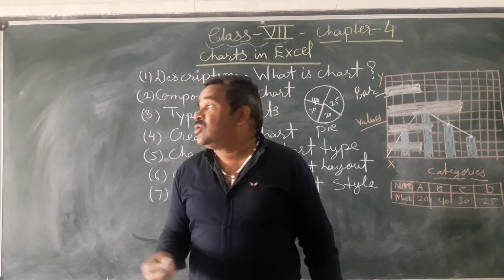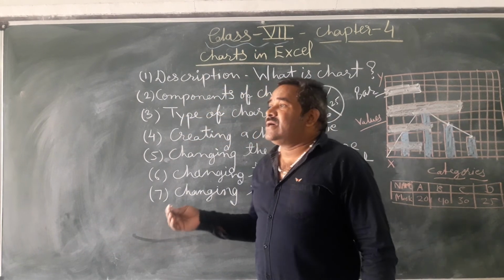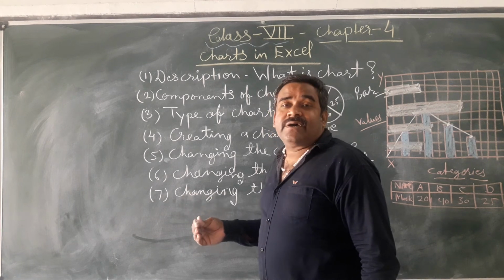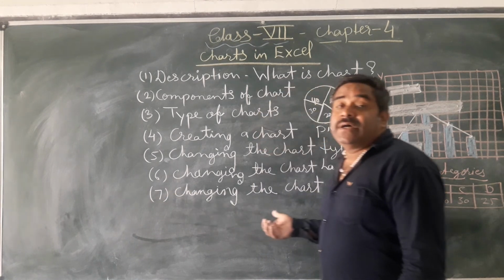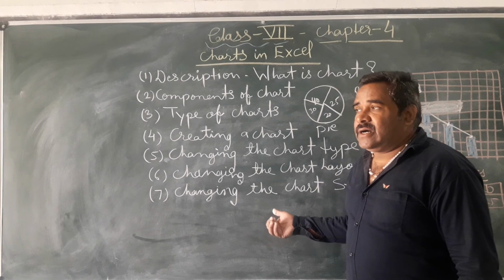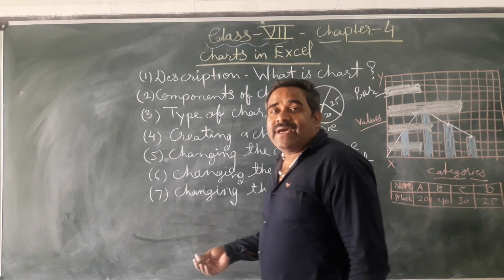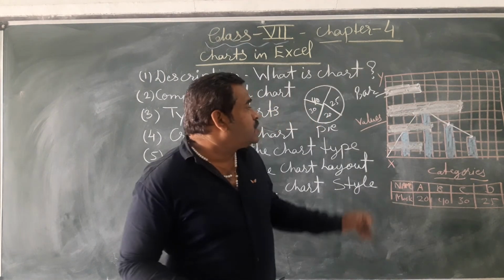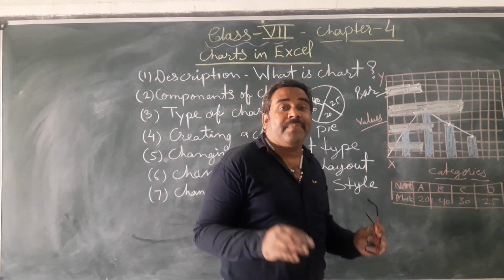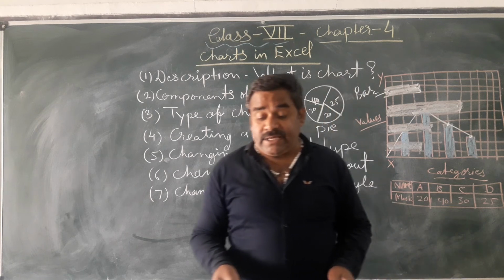If you have to create a top 10 list, for example the top 10 students of your class, you have to put their data in a Microsoft Excel table, select them and create a chart. It will compare them through their values. So it is very useful when we compare different kinds of data using different categories.